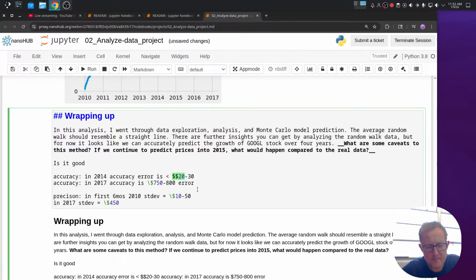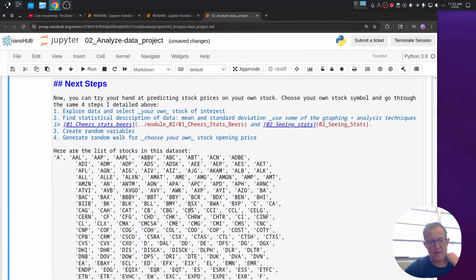Oh, two slashes, that's right. I always forget about that. There we go. So now you get the dollar sign in that markdown.